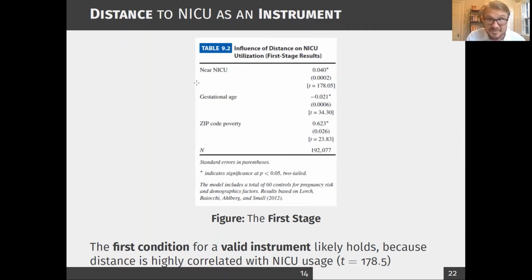And sure enough, people who live closer to hospitals that have an NICU are more likely to use it. You can say that this is a valid instrument, at least in terms of the first condition, because the t value is extremely high, 178. It is highly, highly significant.